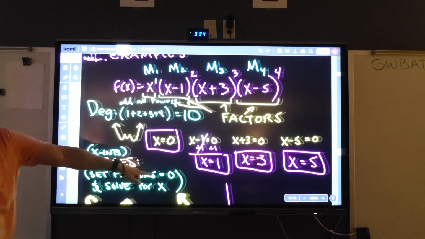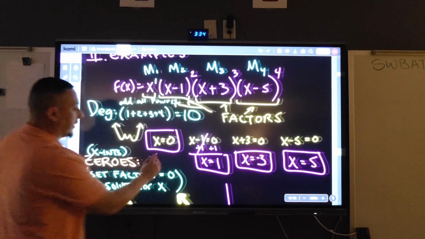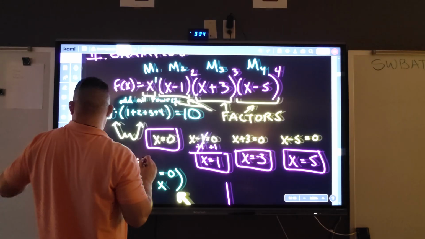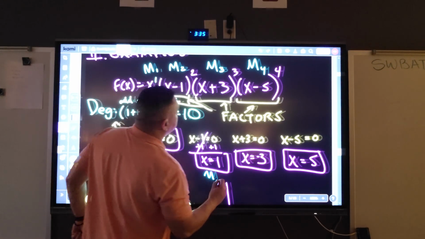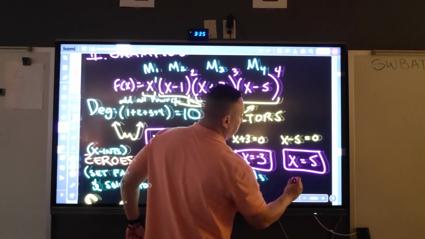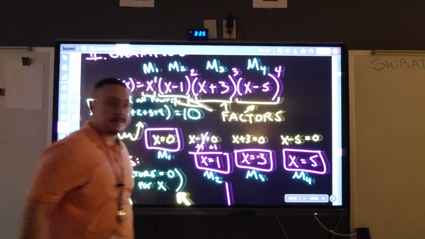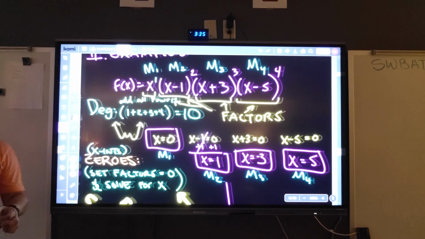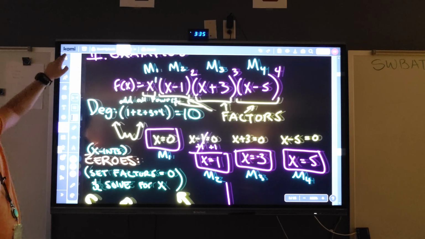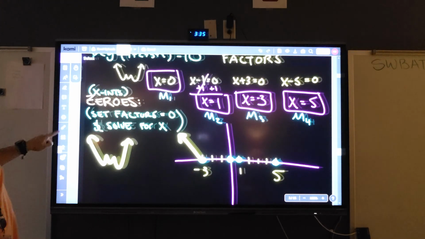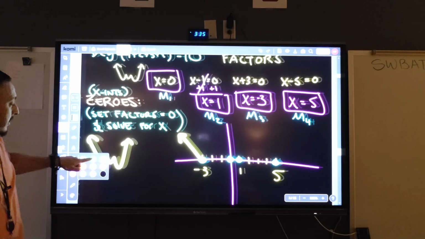I'm going to write it down here because I want it close to my graph. So multiplicity of 1, multiplicity of 2, multiplicity of 3, multiplicity of 4. Everybody see where that multiplicity number is coming from? It's the power of each factor.